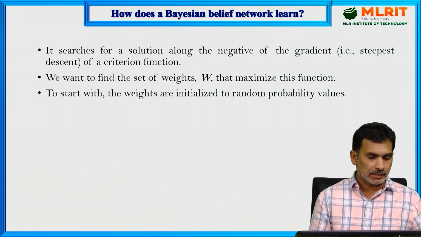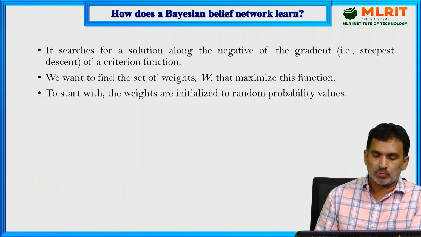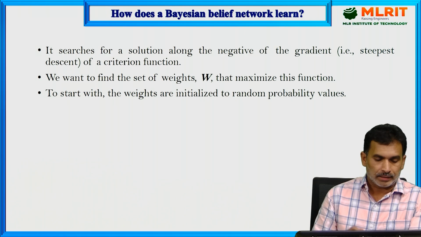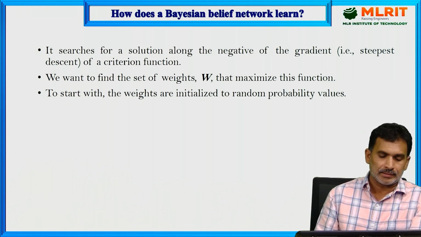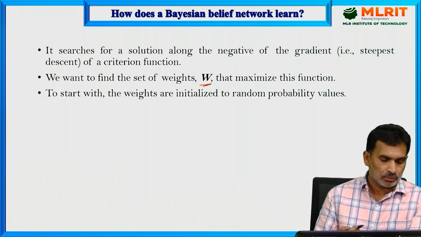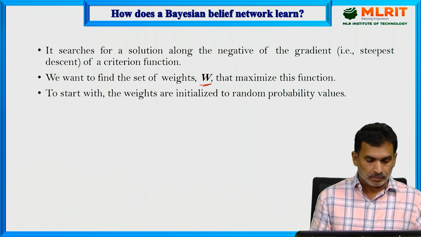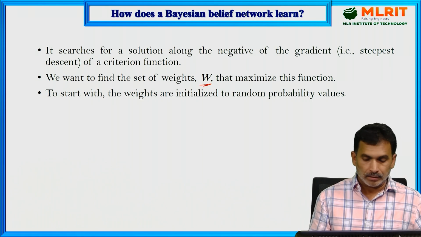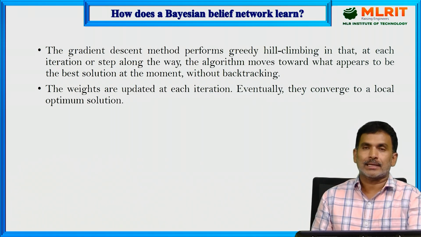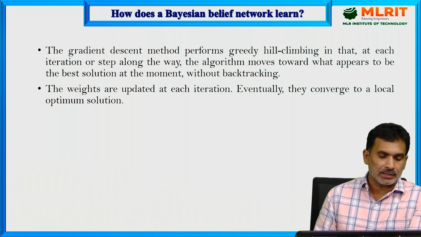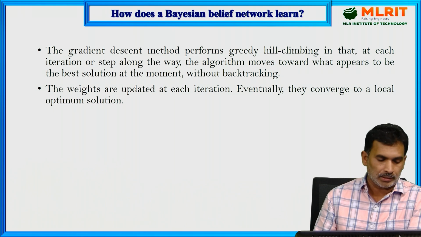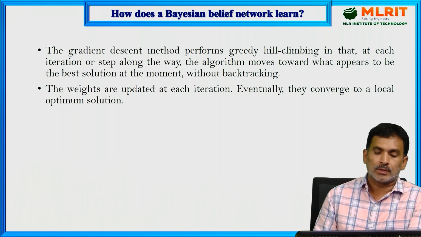So we search for a solution along the negative of the gradient, that is the steepest descent of a criterion function. We want to find the set of weights W that maximizes this function. To start with, the weights are initialized to random probability values. The gradient descent method performs greedy hill climbing, in that at each iteration, or step along the way, the algorithm moves towards what appears to be the best solution at the moment without backtracking.